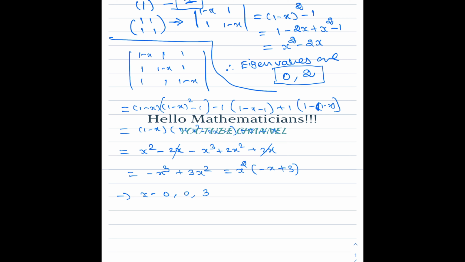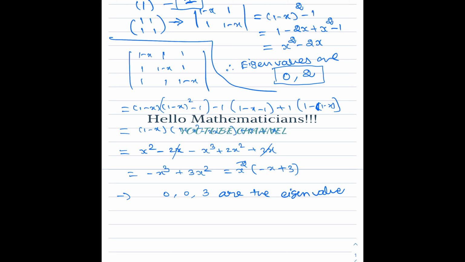Therefore the eigenvalues are: for x squared we have two zeros, and for this factor we have a 3. Therefore the eigenvalues are 0, 0, 3.